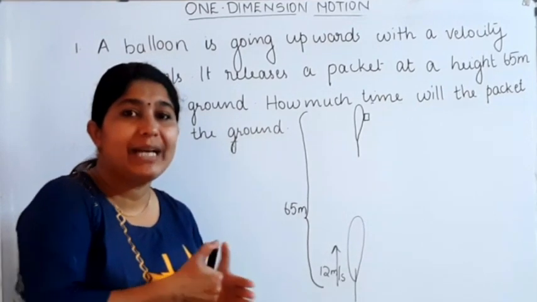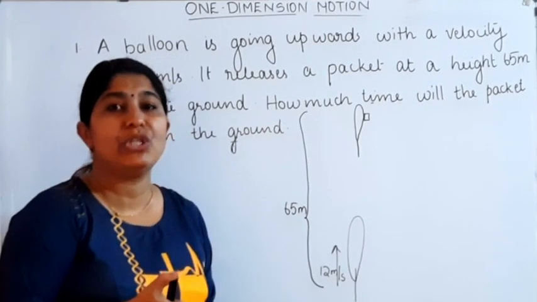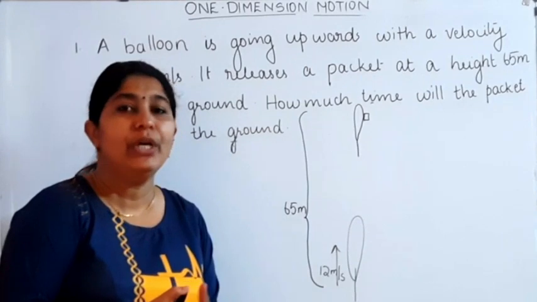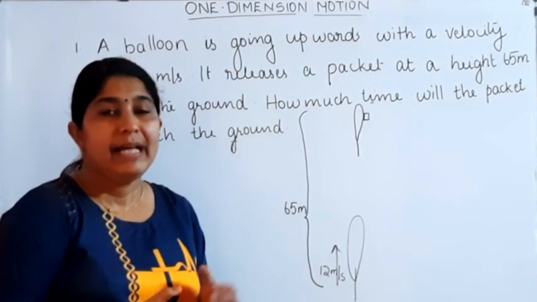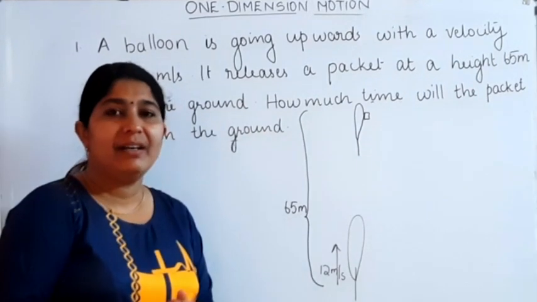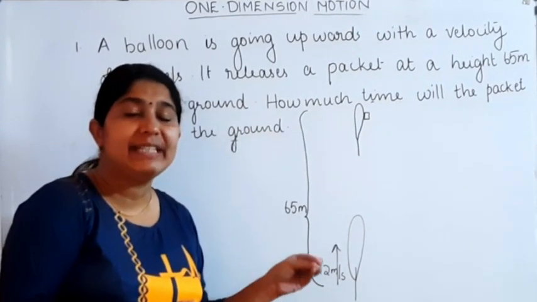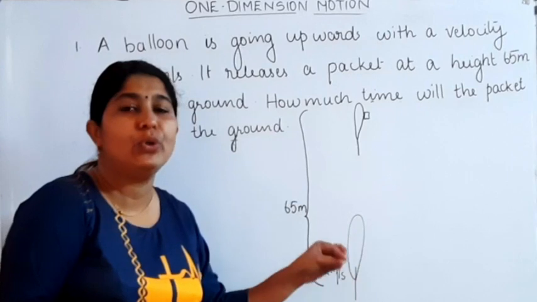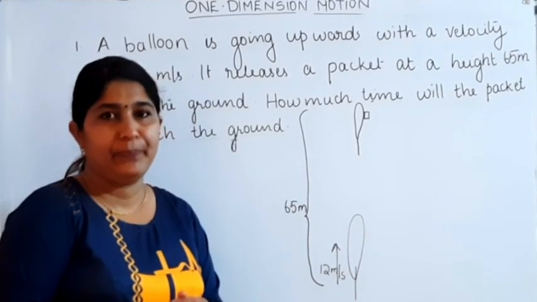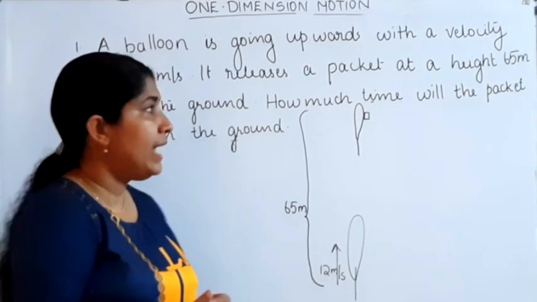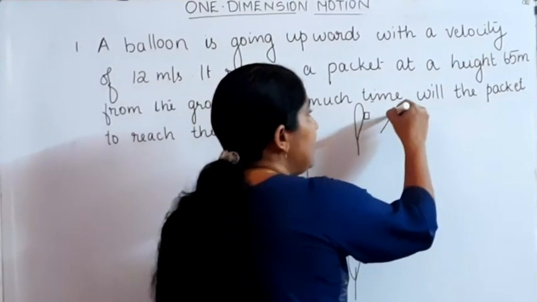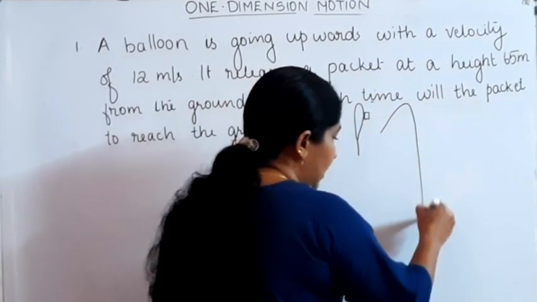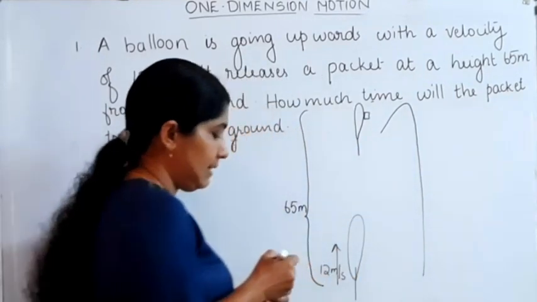The packet is also attached to the balloon, so the velocity of the packet is equal to 12 meter per second. Because of inertia, the packet after detaching from the balloon also moves up. So the path of the packet after releasing it from the balloon is just like this.